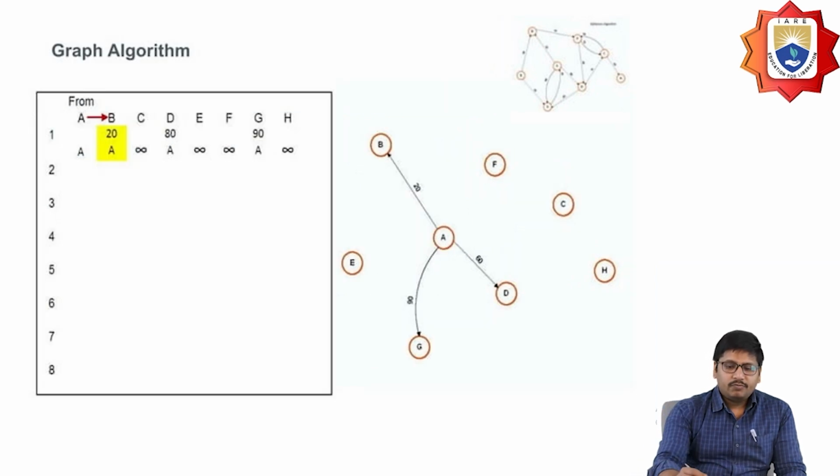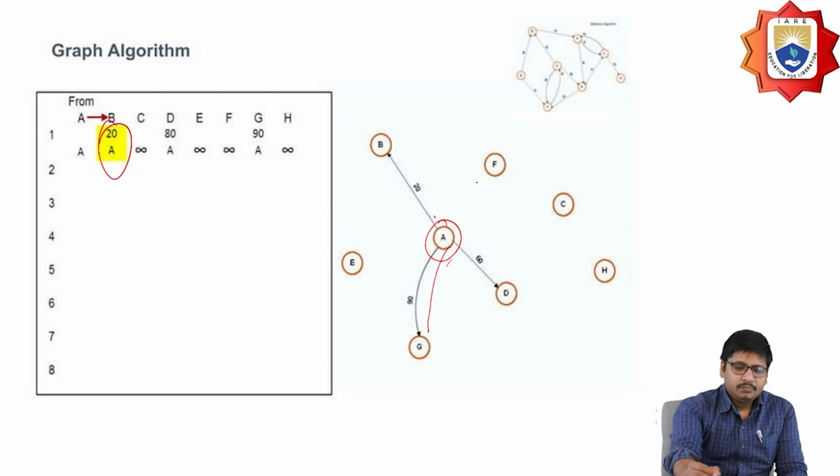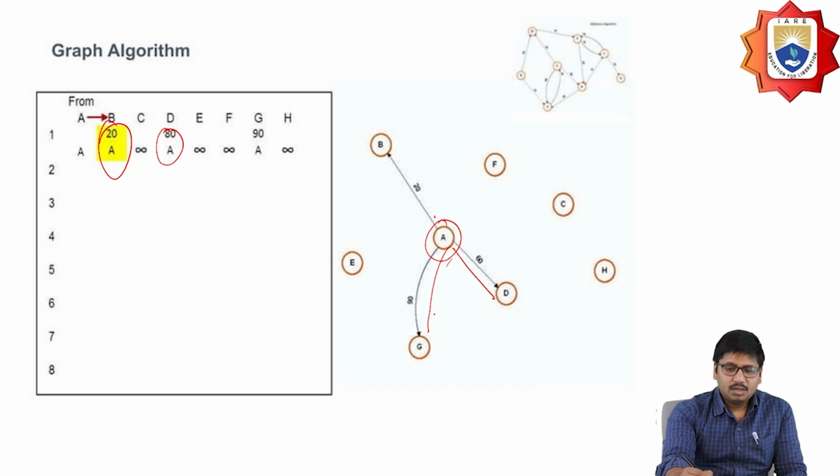From A to B, it is 20, and similarly from A to G and A to D. For A to D I have 60, so totally 80. For reaching this one I get 90 here, and this should be 60 here. Like this I have to find from the source vertex to all other vertices.